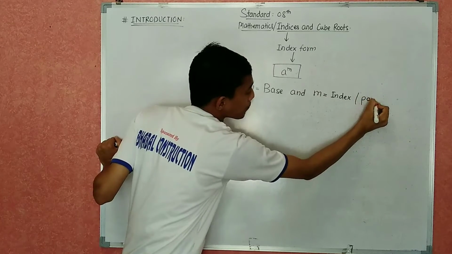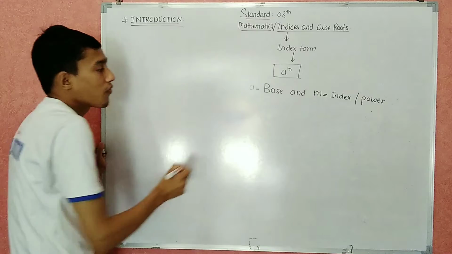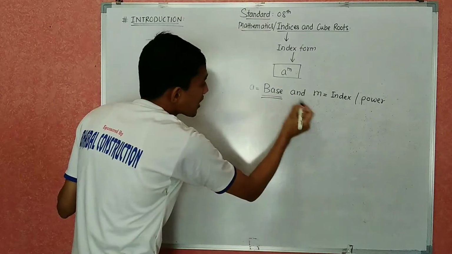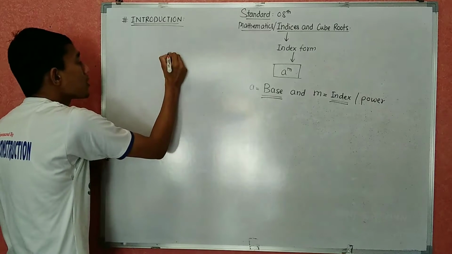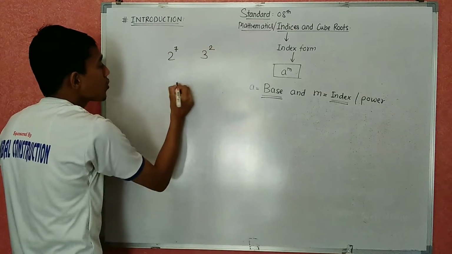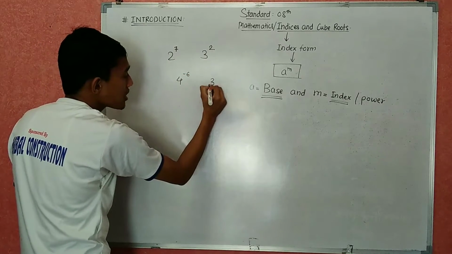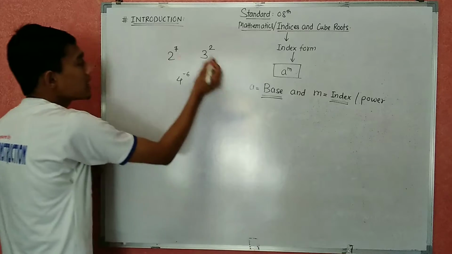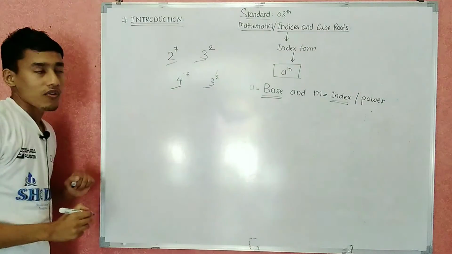For example, 2 raised to 7, or 3 raised to 2, or 4 raised to minus 6, or the number 3 raised to 1 upon 2. Such numbers are examples of index form.